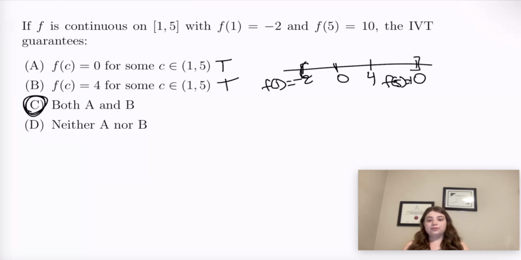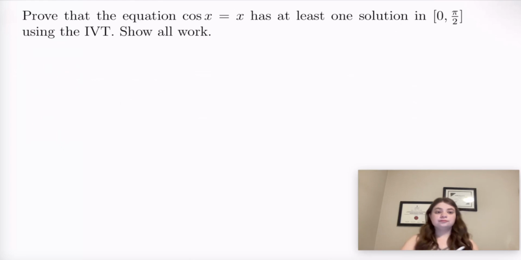In fact, any number between -2 and 10, had they put it here for f of c, that would have been correct. Any number outside of the interval, no, we could not have guaranteed that that was the case. All right, let's move on to the next question.